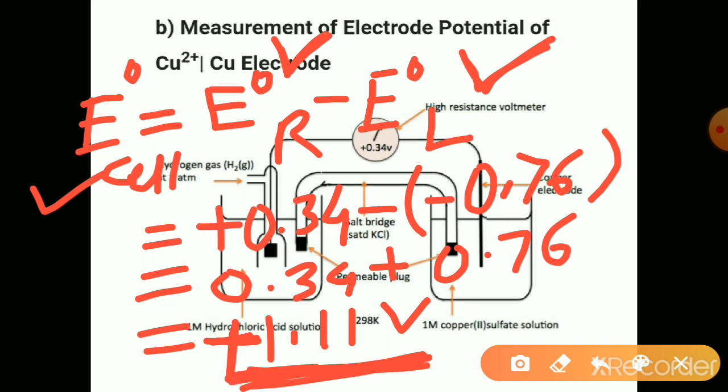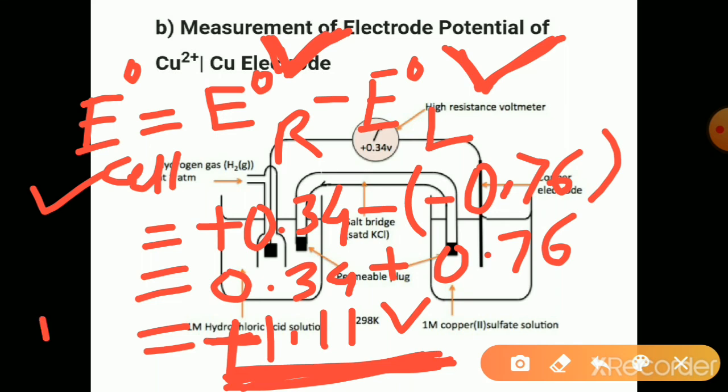So in order to get the cell potential positive, E naught of right is the higher value and E naught of left is the lower value, or the electrode potential of the cathode is higher than the electrode potential of the anode, then the cell potential is positive. Always the cell potential will be positive value.